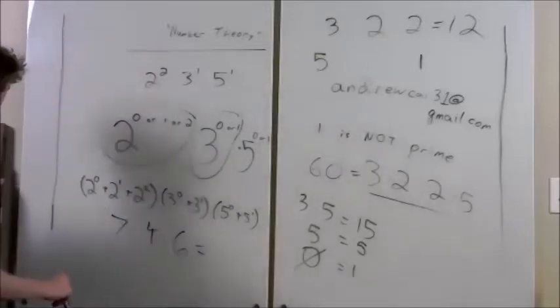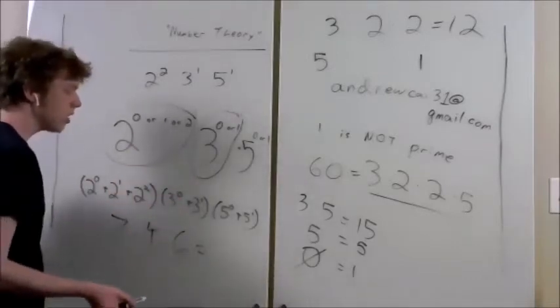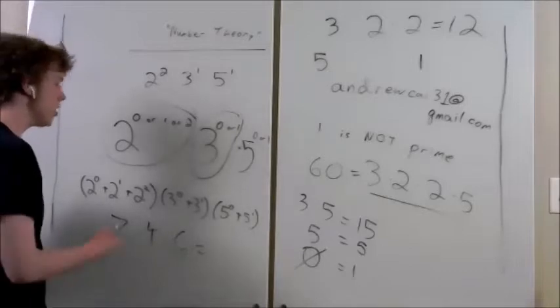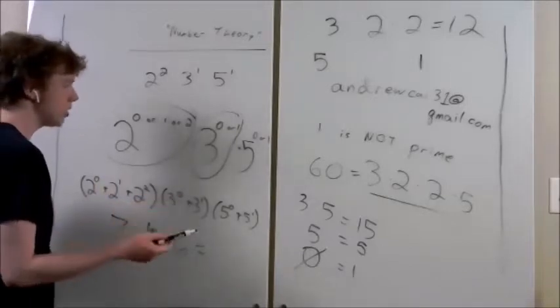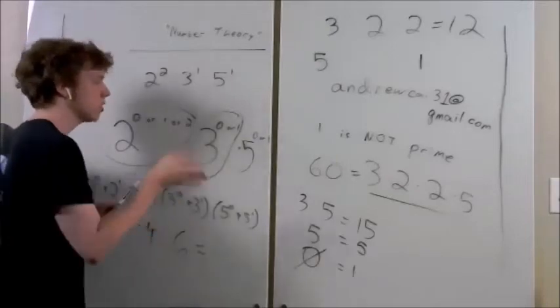And if you attended our sequences and series lecture last week, you can see that these are geometric series. And so if you have big numbers, you might be able to evaluate these sums more easily using the formulas you learned then. But if you didn't attend that lecture, that's fine.